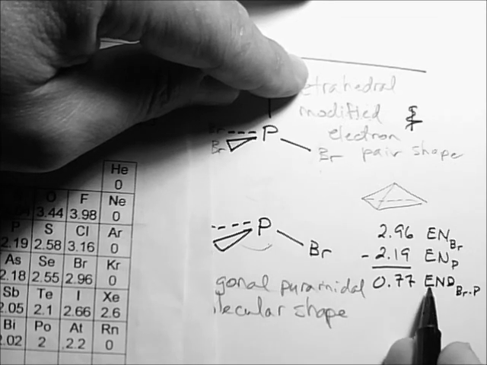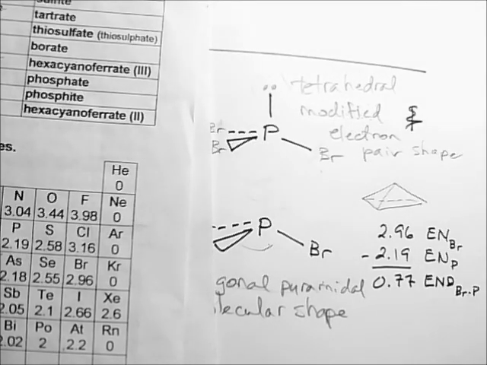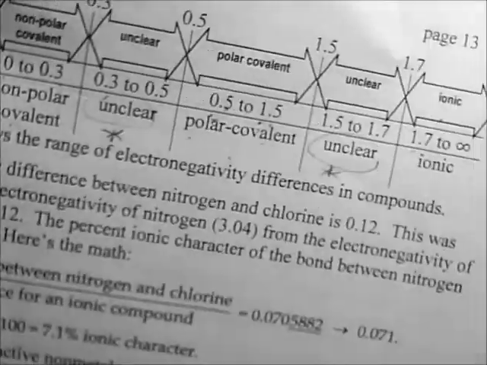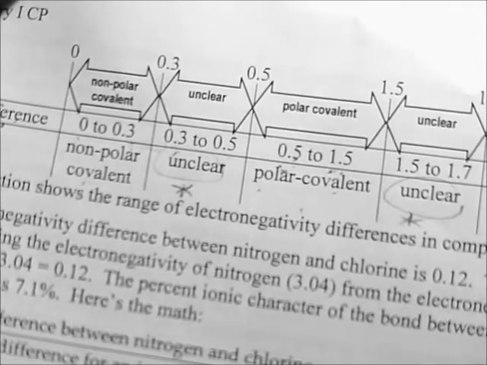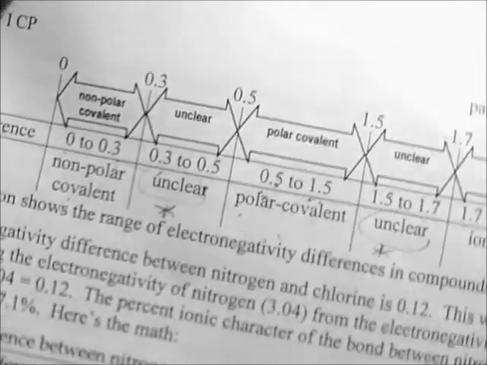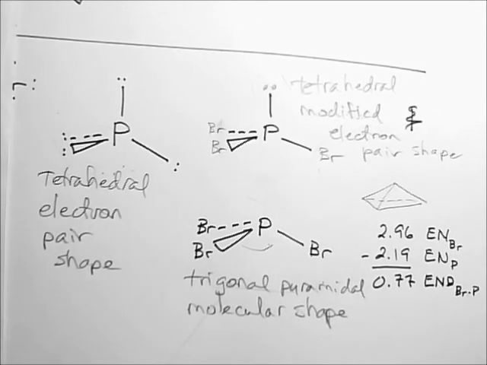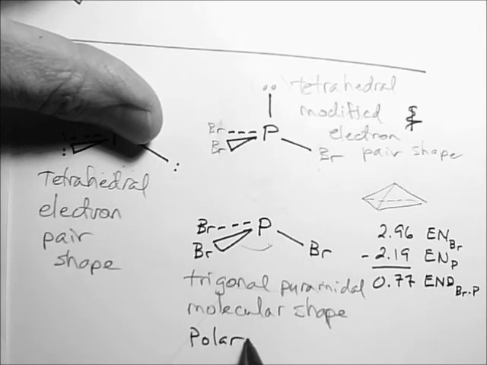So now you go back to your ranges here in your handout, and this is 0.77. So what kind of bond is it? Polar covalent. It's between 0.5 and 1.5. So now we know that not only is this an uneven distribution of bonds, we also know the bonds are polar. We've met both conditions, and we know this is a polar molecule.